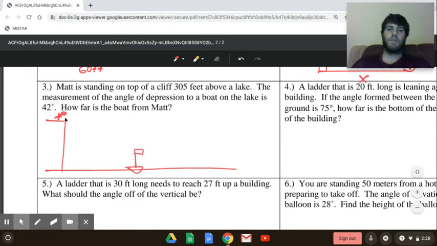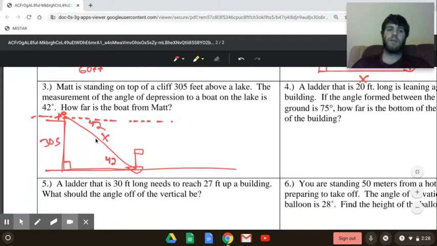Here's Matt, so there's our triangle. The angle of elevation, so again, here's our second horizontal, is 42 degrees. Alternate interior, that means this is also 42 degrees. The cliff was 305 feet tall.